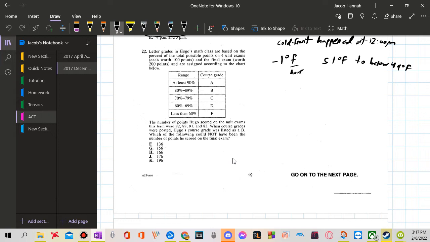So, there are 4 unit exams, each worth 100 points. So that's 400 points total that you can get from the unit exams, and the final exam is worth 200 points.